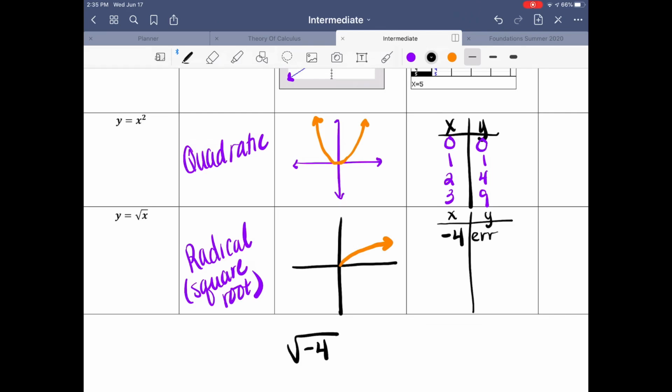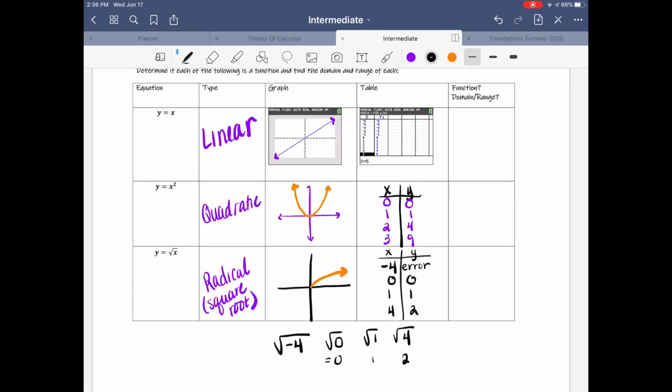So this is going to give you an error. It's an imaginary number. But if I did 0, that's okay. If I did 1, that's okay. If I did 4, that's okay. So positive numbers are okay. It's the negative numbers that gave us issues.